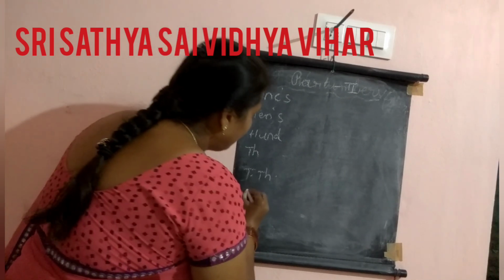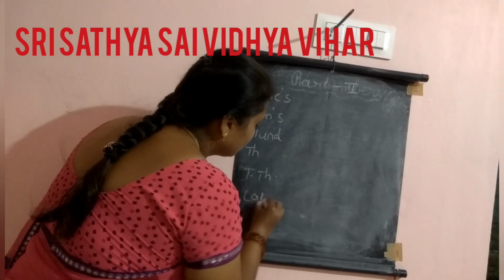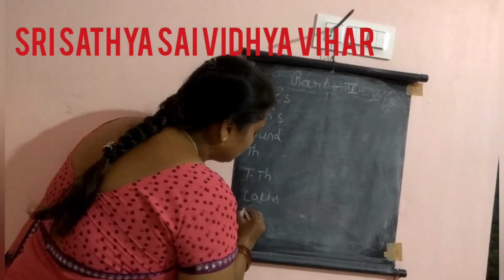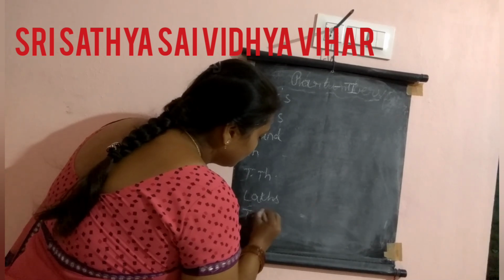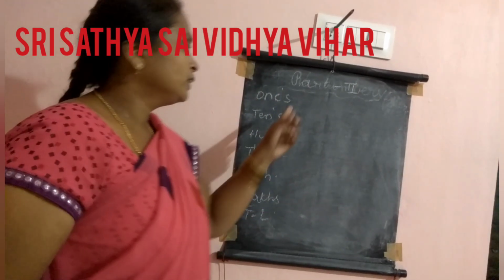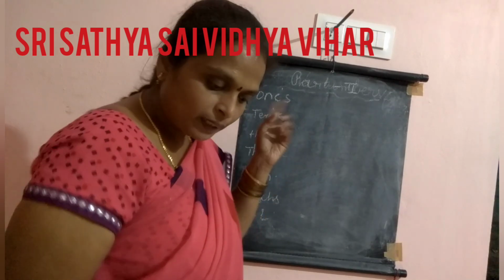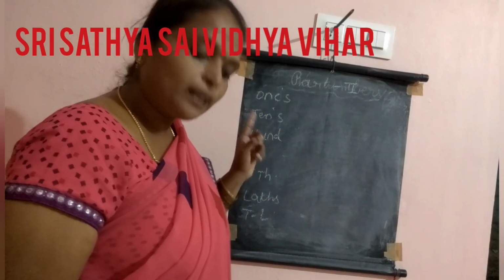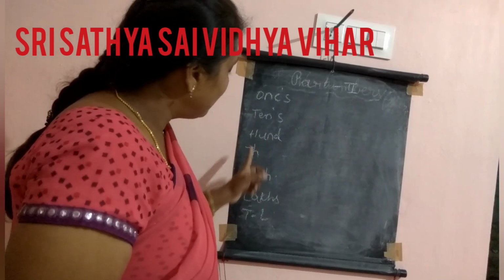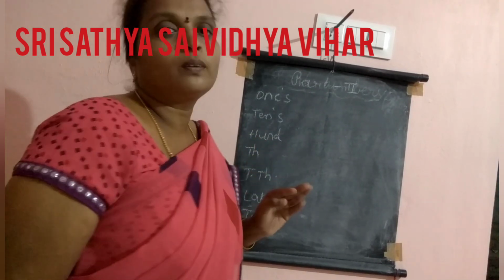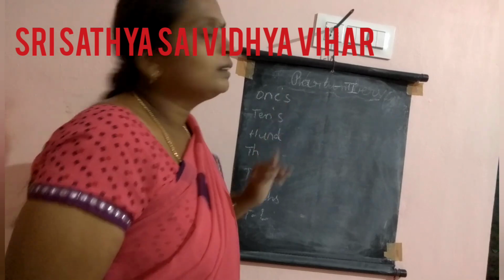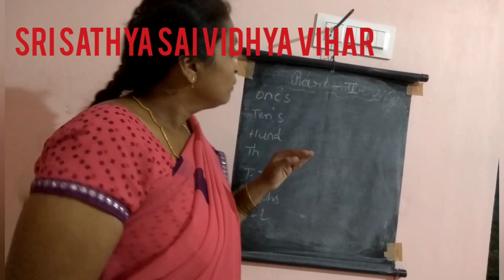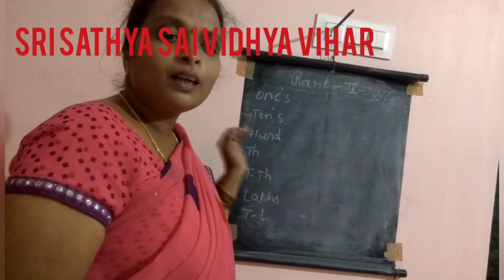National: lakhs, 10 lakhs. 1's place, 10's place, 100's place, 1000, 10,000, lakhs, 10 lakhs, crores, 10 crores. This is the national system. Depending upon this, we also have to write the number names.